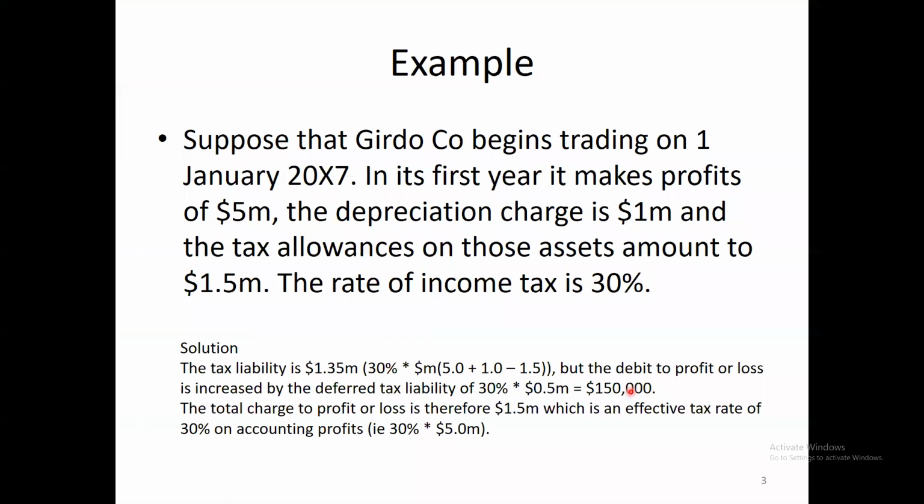I have already explained to you. The difference will be 150,000. This 150,000 will be considered as deferred tax. The total charge to profit or loss is therefore 1.5 million. How? Current tax is 1.35 million plus deferred tax 0.15 million, which is an effective tax rate of 30% on accounting profit. It should be equal to accounting profit into tax rate. Right? Hope all of you understood.